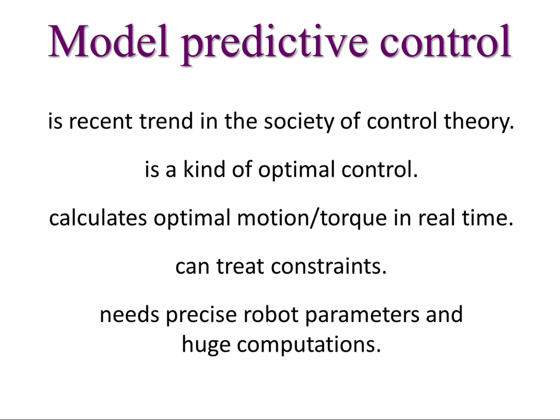In addition, calculating the optimal input in real time requires a huge amount of numerical calculations. Therefore, even with recent computers, it is difficult to calculate the optimal input for complex systems in real time, or even if it is possible, it takes up a lot of computational resources of high-performance computers.